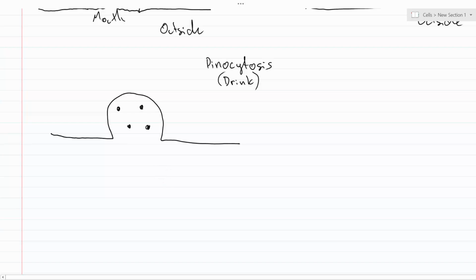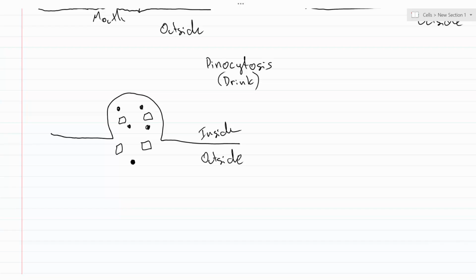It might be some salts, some sugars, different types of solutes that our cell wants to get hold of. Same again, the cell membrane will start to collapse inwards and allow this liquid containing solutes to start to fold into the pocket made by the membrane, and it starts to suck them in or drink them in.